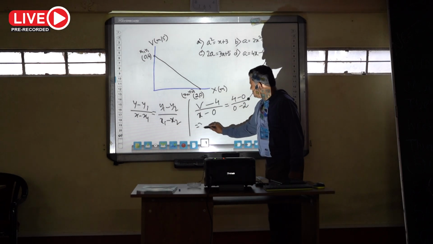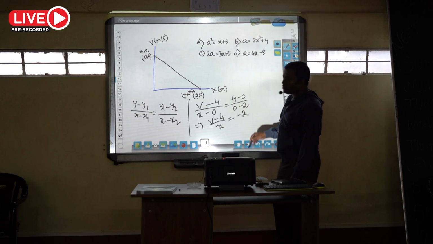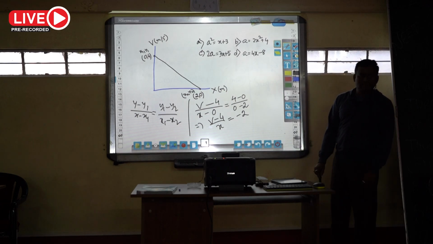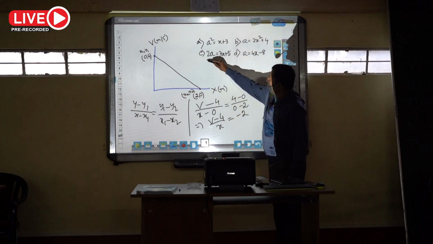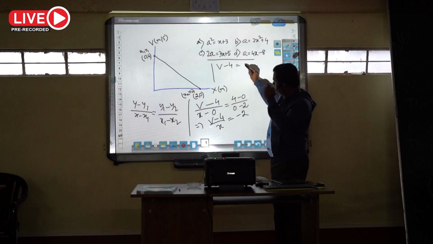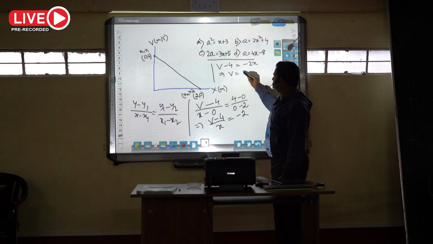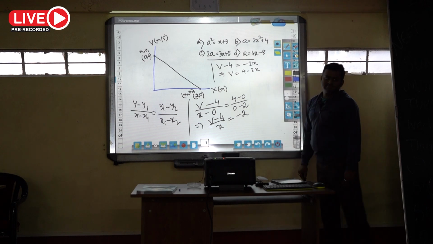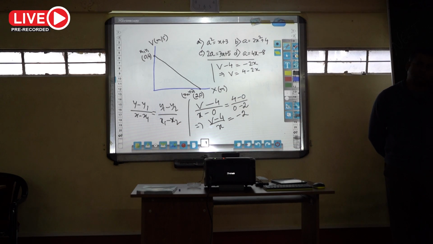So it is coming v minus 4 by x equal to minus 2. This is 4 by minus 2, which means minus 2. So the equation will become v minus 4 equal to minus 2x, and then v equal to 4 minus 2x.